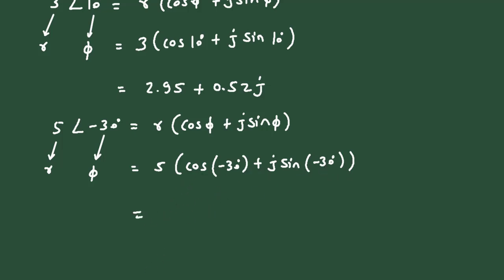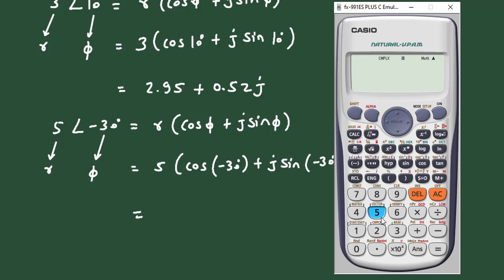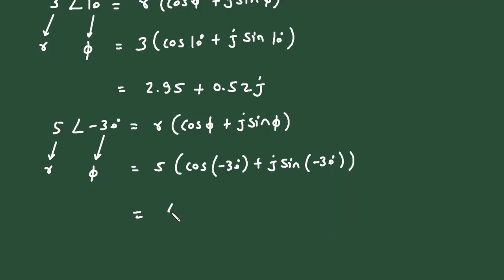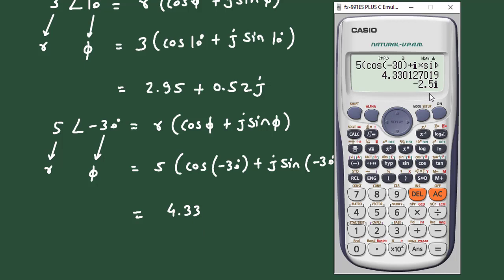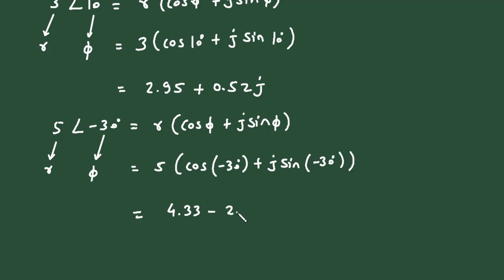We can solve this in calculator. 5 cos minus 30 plus i into sin minus 30. So it is 4.33 minus 2.5j.